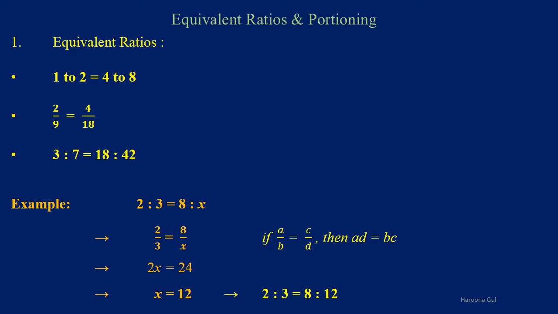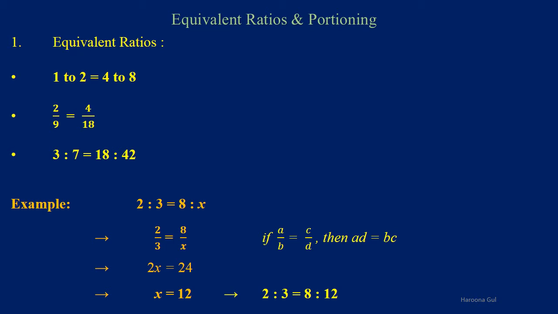Now we have a very easy example: 2:3 is equal to 8:x, and we're supposed to find the value of x. How do we do it? We simply write the equation in fraction form, that is 2/3 is equal to 8/x. If we cross multiply, we get 2x is equal to 24, and we get 12 as the value of x.